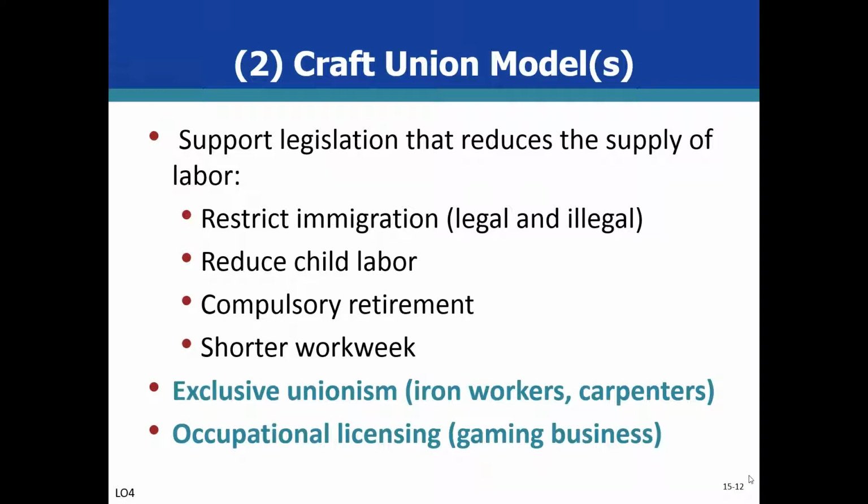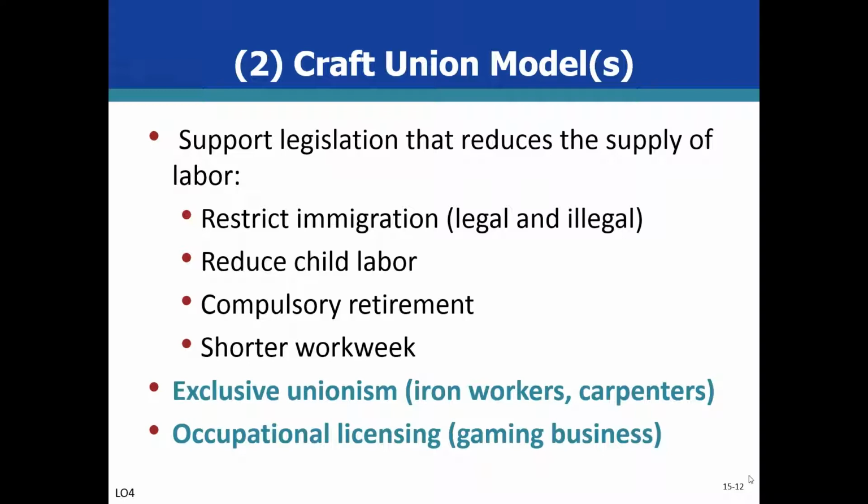Occupational licensing in the gaming business, or even for nurses, is a craft union approach to restrict supply. Some craft union models are very sophisticated, like the American Medical Association or the American Bar Association, where specific entry and educational requirements restrict supply.